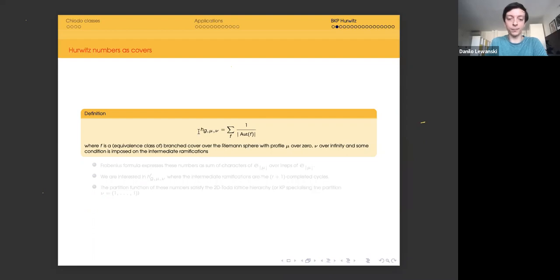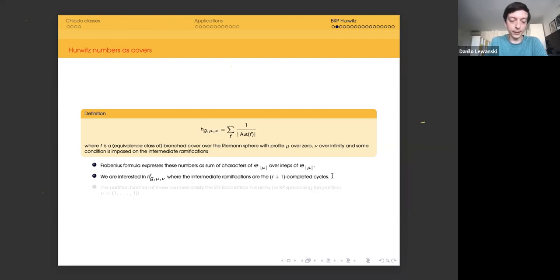And so once you consider this number, there is the Frobenius formula that we know very well that expresses these numbers as a sum of characters of the symmetric group over irreducible representations of the symmetric group. And in particular, we want to focus on the numbers with r+1 completed cycles.